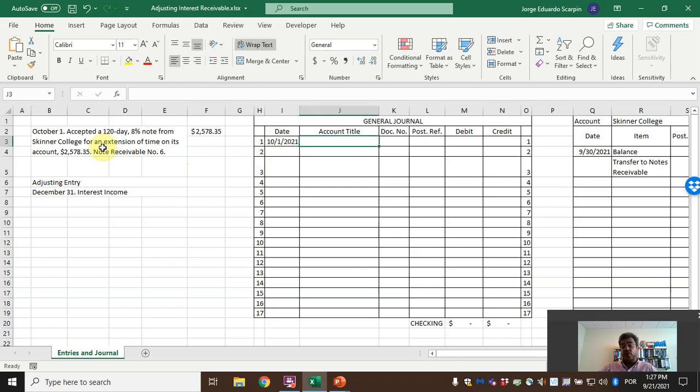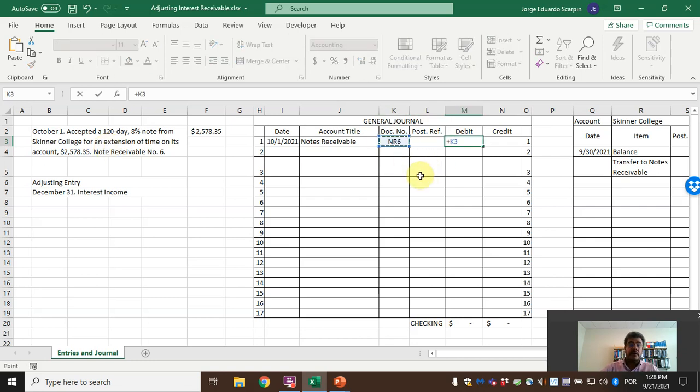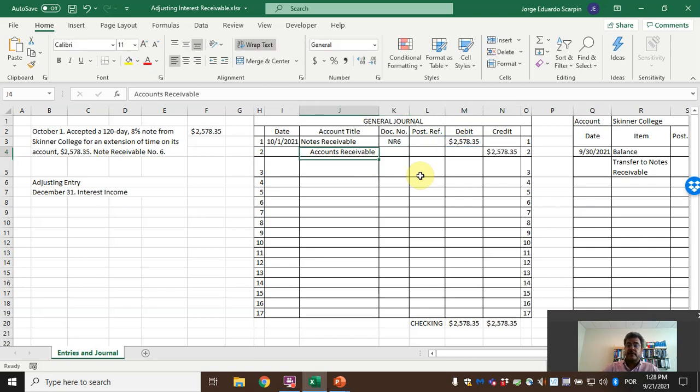Let's record this note receivable. So we are moving from accounts receivable to notes receivable. So notes receivable, document number, note receivable number 6, debit 2,578, and credit accounts receivable, the same.